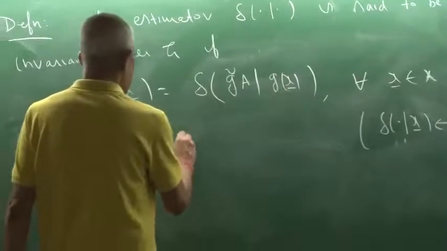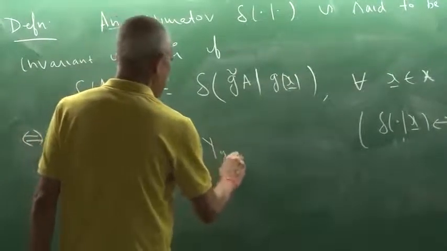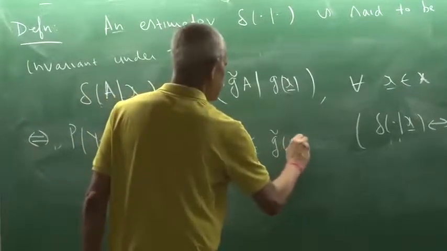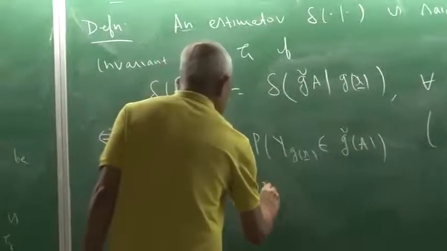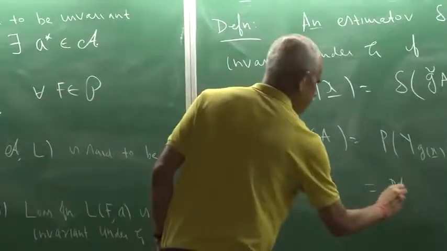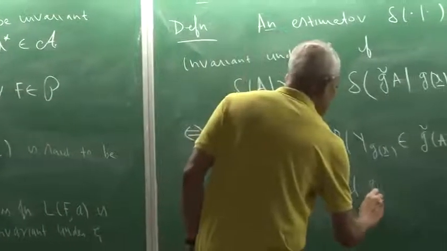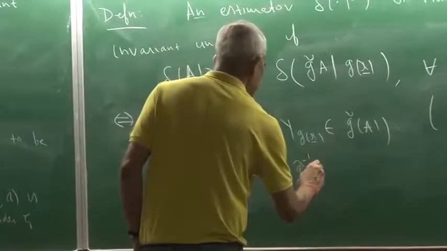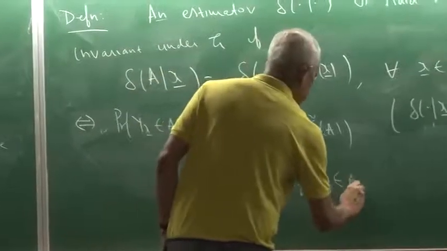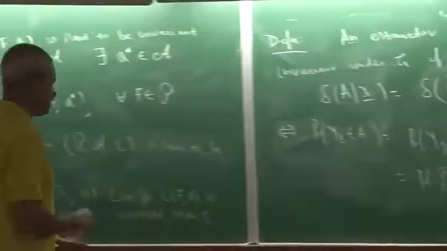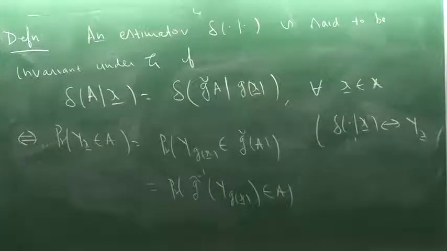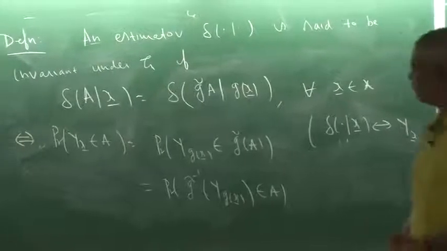So this is the same as the probability that Y(gx) belongs to g tilde A, which is the same as the probability, where Pr stands for probability, that g tilde inverse Y(gx) belongs to A. Inverse is not a problem because G is a group of transformations, so existence of inverse is always guaranteed. I'm just repeating whatever I did before.